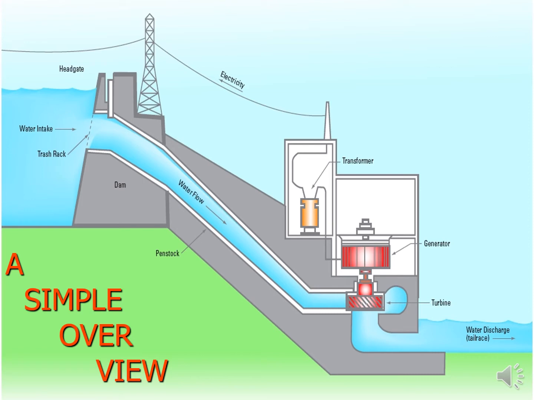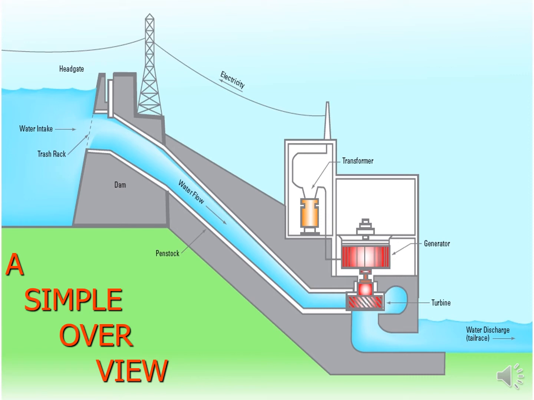Water intake means the reservoir. First is the reservoir where we collect the water, and the dam is constructed across the river to store a large quantity of water. After that comes the dam intake, that is the water intake, where we collect the water.